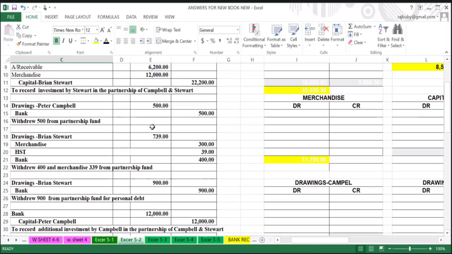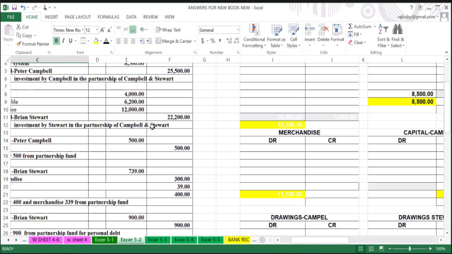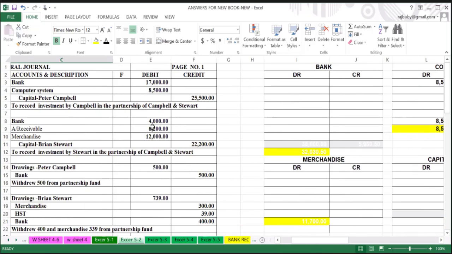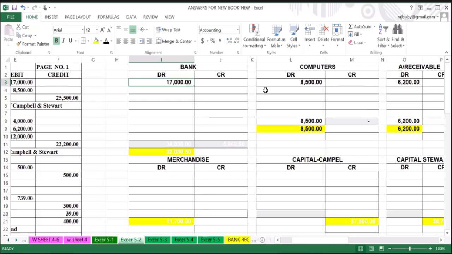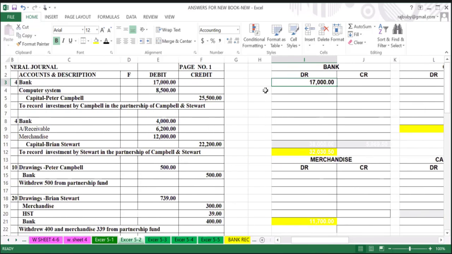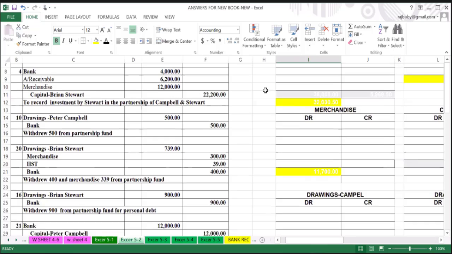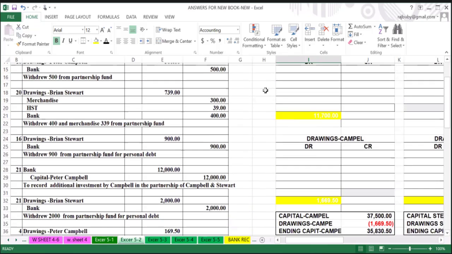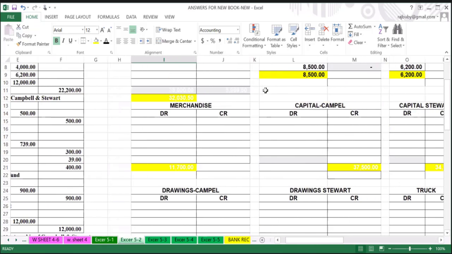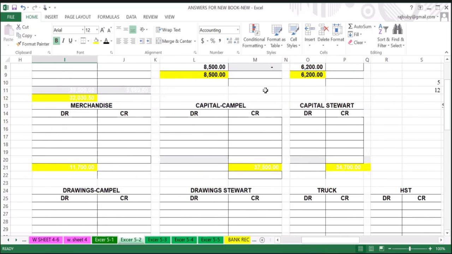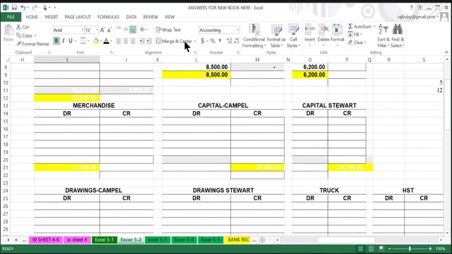Capital minus drawings, that's the new capital. Bank is going to be from the first journal, $17,000. Computer system, 8,500. And capital for Peter Campbell.